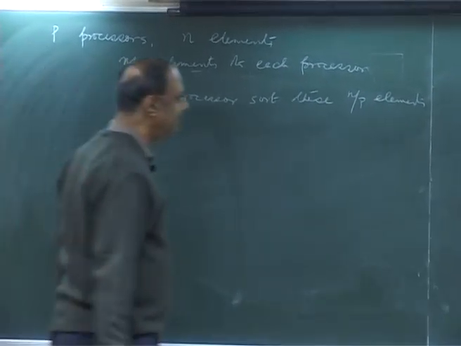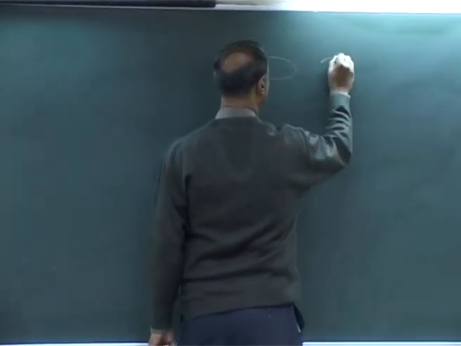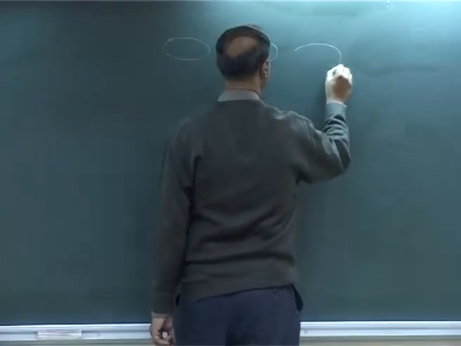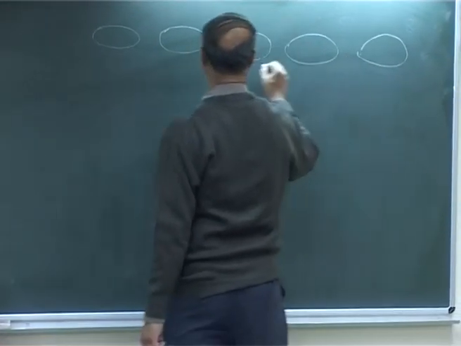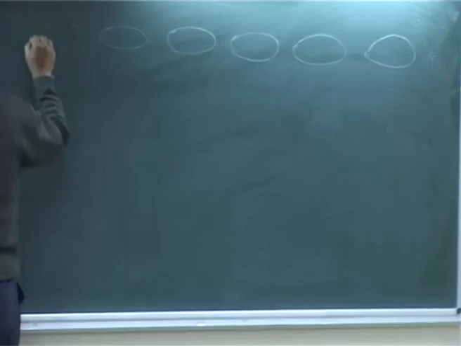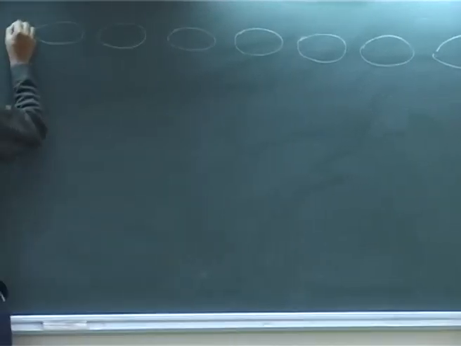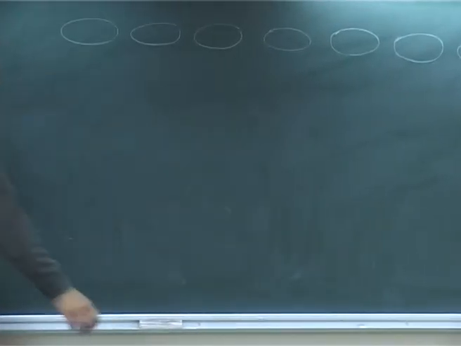Now the problem is that you have 8 such sorted subsequences if p equals 8.